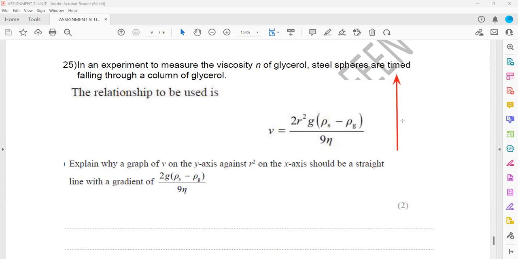So you have to show that the gradient is constant, because if the gradient is constant, it will always be a straight line. So we are plotting V on the y-axis and r squared on the x-axis. This is the original equation.